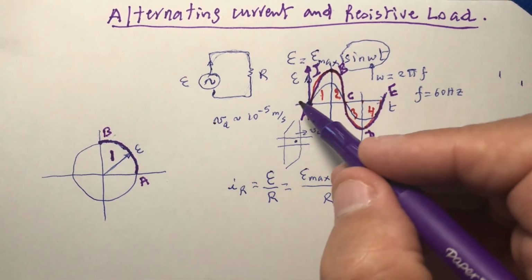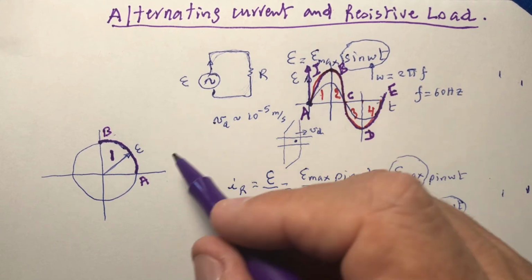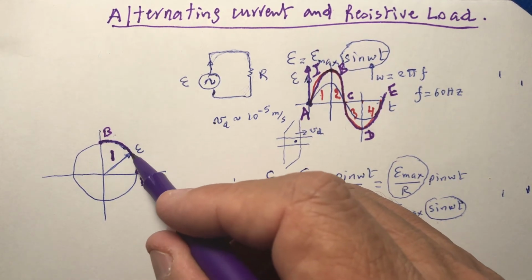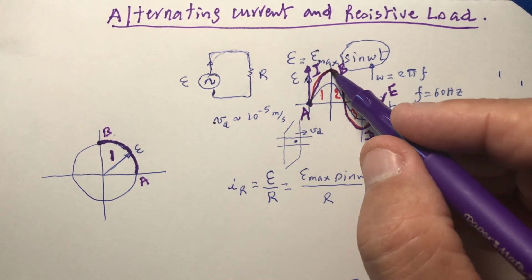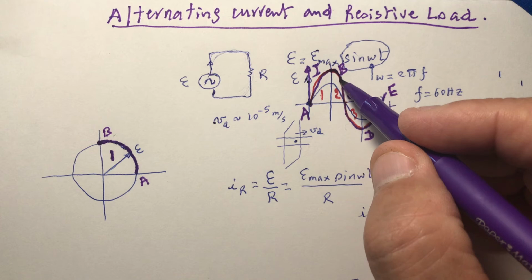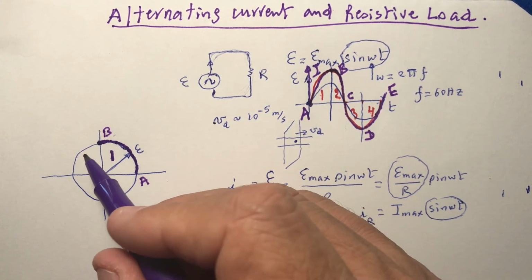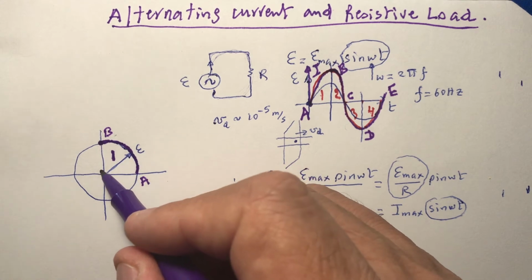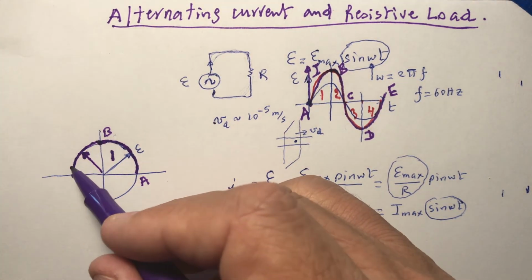So, look at here, the voltage is increasing. So this phasor is going this way. It gets here to B. Then the voltage starts coming down. So the phasor is going to come down. Remember, it's rotating. It's here now. It's going to come down like that. That's the phasor.